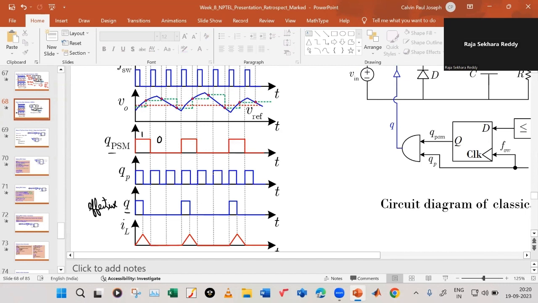See, let us look over here at this point. This red curve is my V reference, and this green curve is my sample voltage. When my reference is greater than my sample voltage, my QPSM will be high.